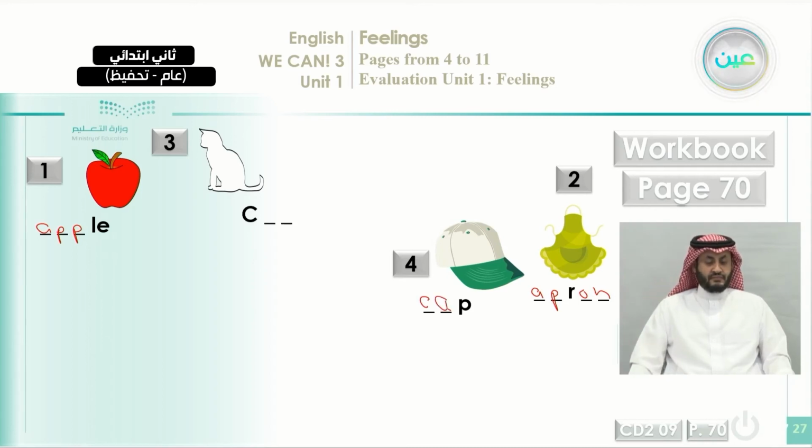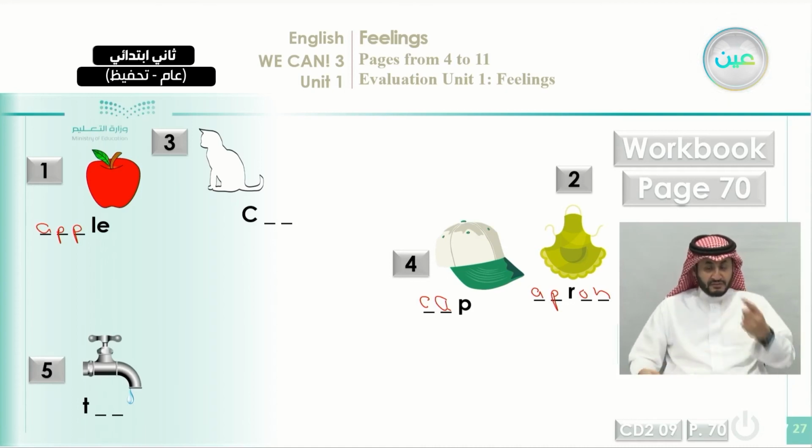Okay, C A P. Number 5, you can tell from the picture here, what is it? Starting with T. Okay, okay. Number 3, sorry, this is a cat. C, A, T. Okay. Number 4, number 5. Okay, number 5 now.